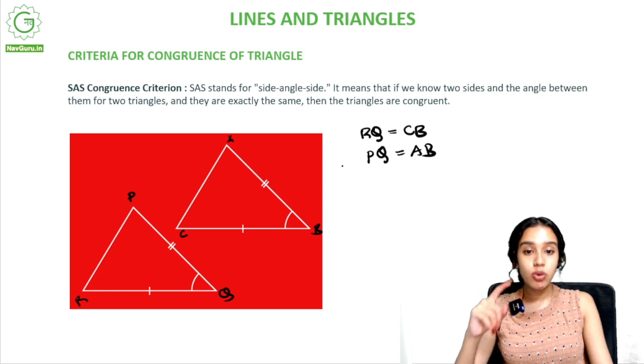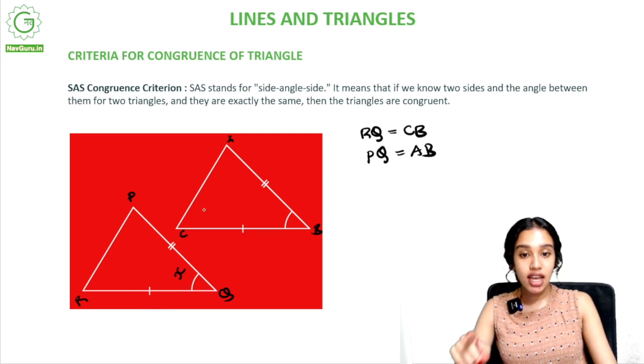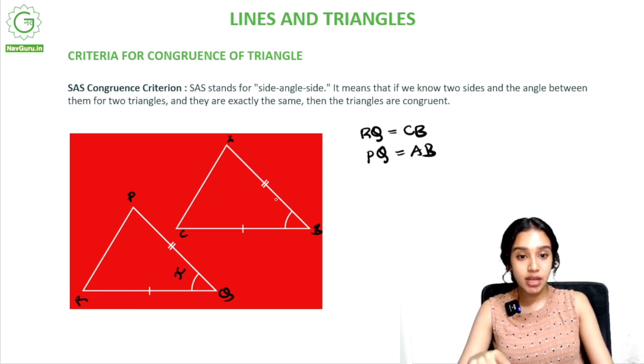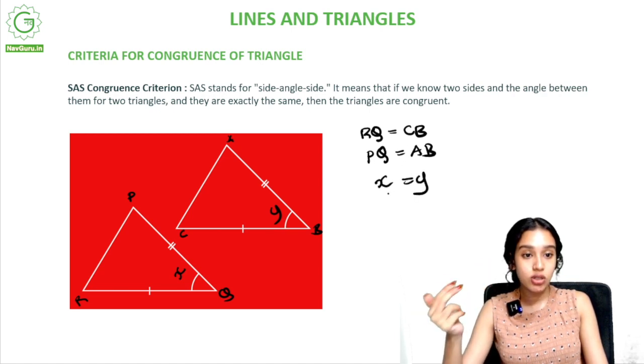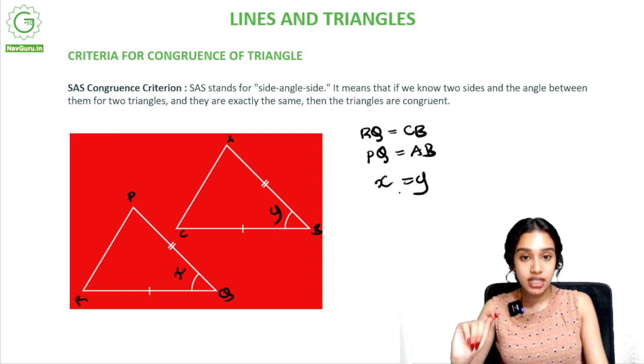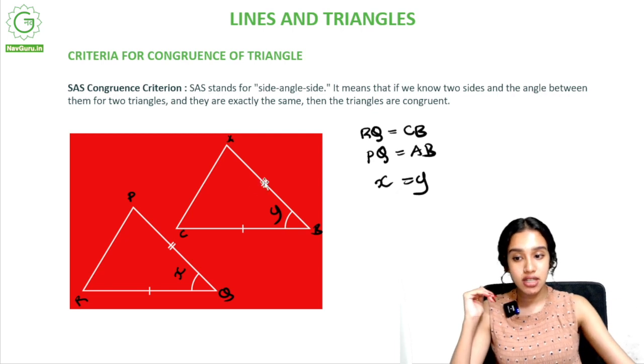The angle between PQ and RQ, let's call it X, and the angle between CB and AB, let's call it Y. If X is equal to Y, that is, we have two equal sides and one equal angle in between them, then according to the SAS congruence criterion, the side-angle-side criterion, the two triangles are congruent triangles.